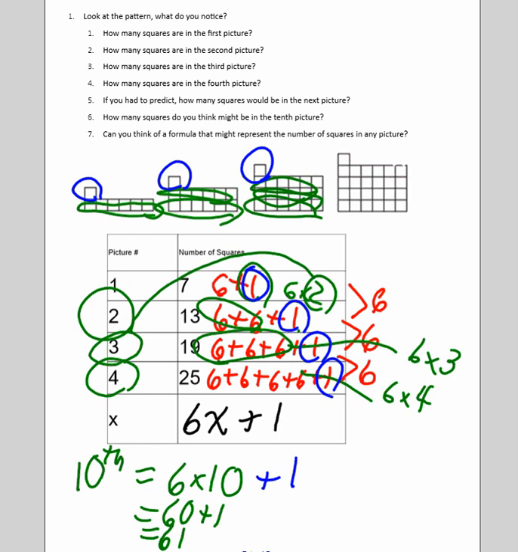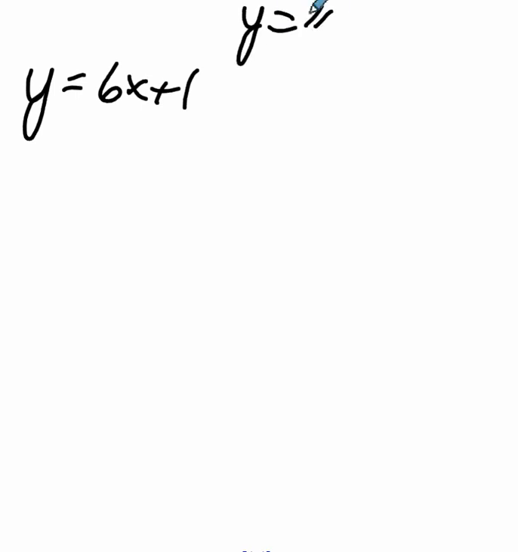And if we use that equation, I'm going to call it y equals 6x plus 1, where y is the number of squares and x is the picture number.